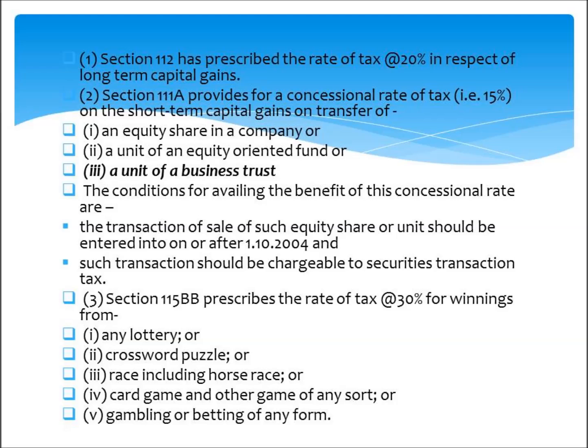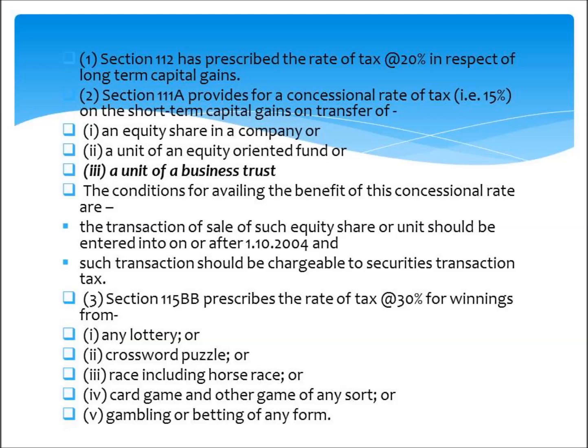Now comes section 115BB that prescribes the rate of tax at 30% for winnings from number 1, lottery, number 2, crossword puzzle, number 3, races including horse race, number 4, card game and other game of any sort, or number 5, gambling or betting of any form.